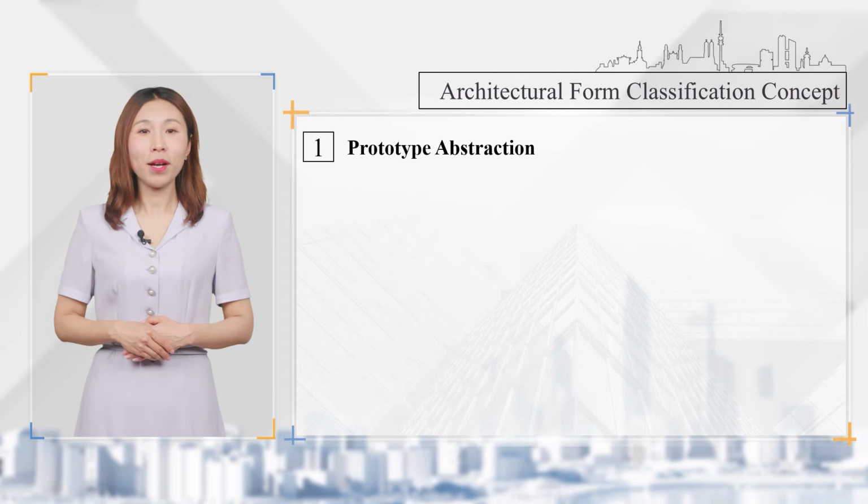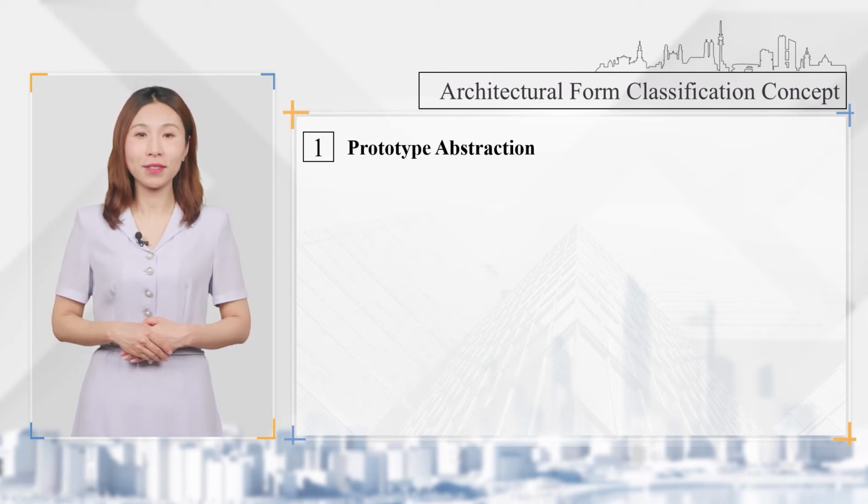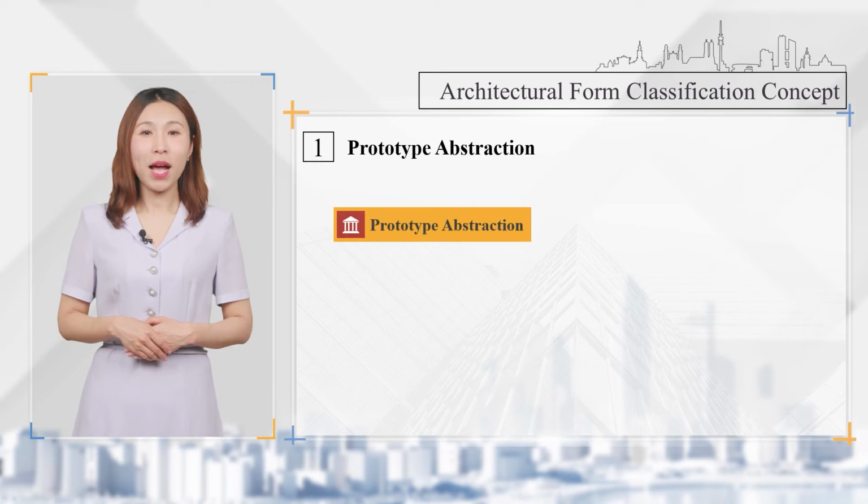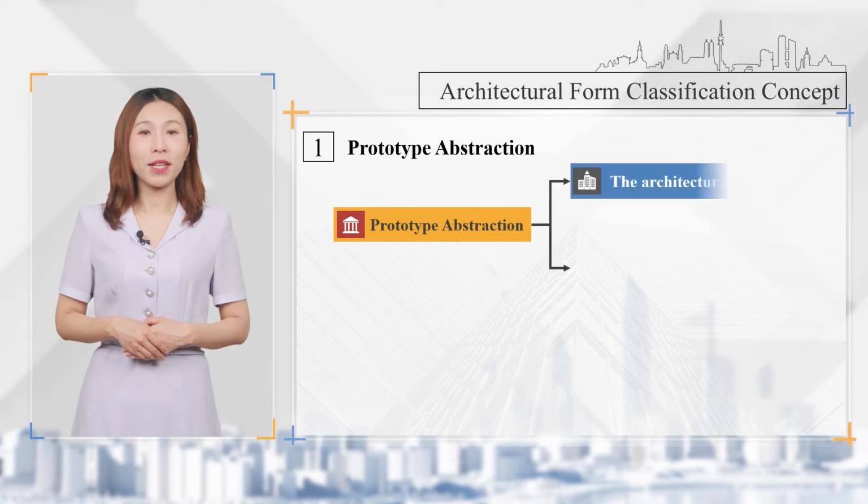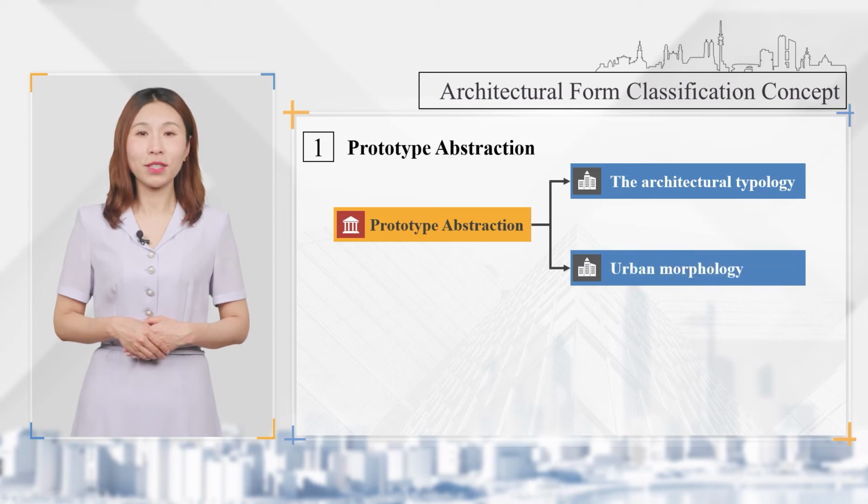Let's start by looking at how prototype abstraction is designed. Prototype abstraction is based on the architectural typology and urban morphology to extract the prototype of the historic building, and use this as the basis to shape the new body of the design.